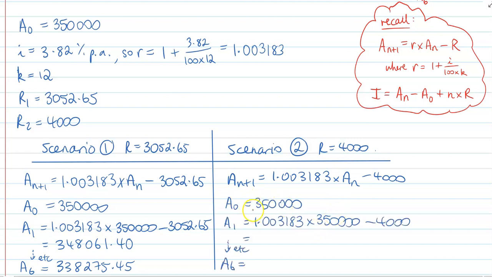When we set this up, applying everything into the recursion formula, you'll notice the only thing that's different to scenario 1 is this change in repayment value.